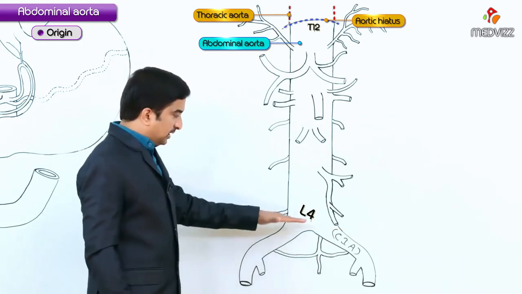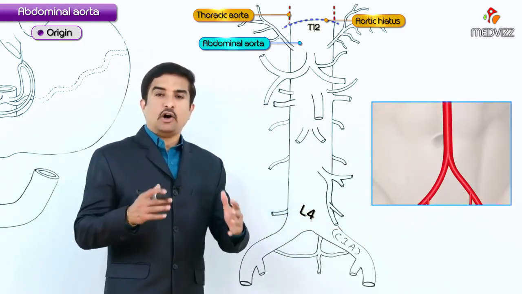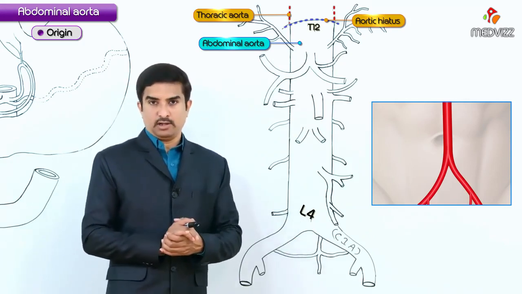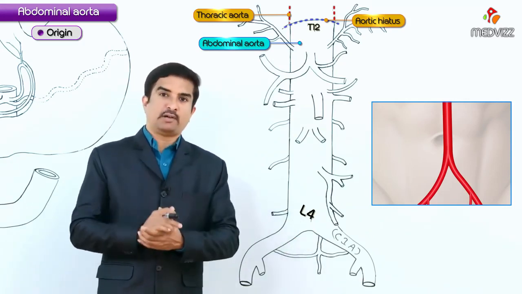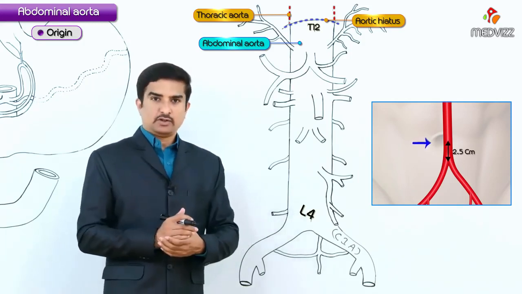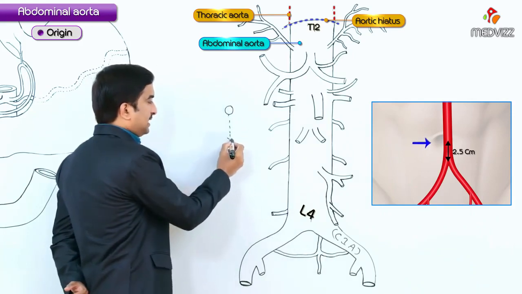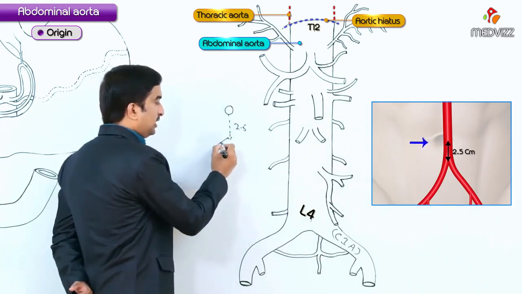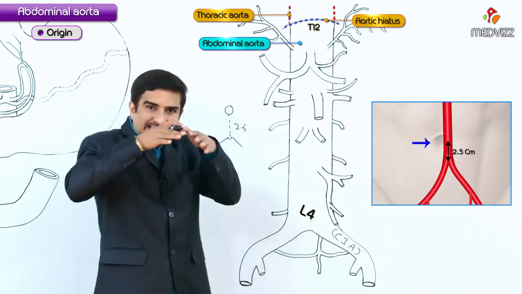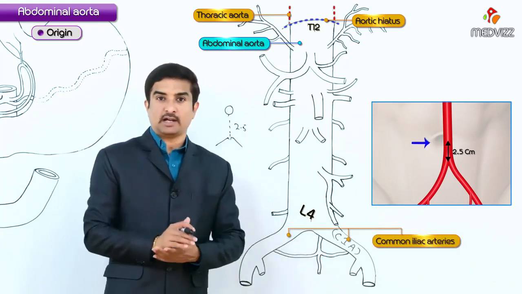This bifurcation can be visualized on the anterior abdominal wall as a point approximately 2.5 centimeters below the umbilicus. If you take the umbilicus at this level, then 2.5 centimeters below it you can see the bifurcation of the abdominal aorta into two common iliac arteries.